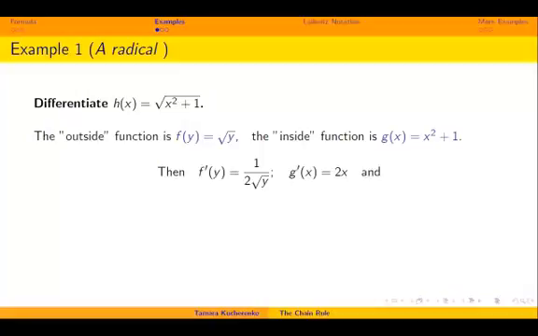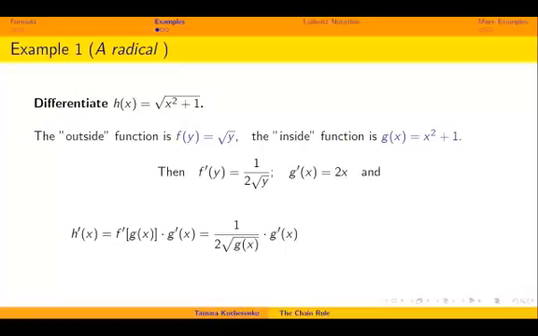The chain rule gives that h prime of x equals f prime of g of x times g prime of x. F prime is 1 over 2 radical of the argument. So, it is 1 over 2 radical of g of x times g prime of x.